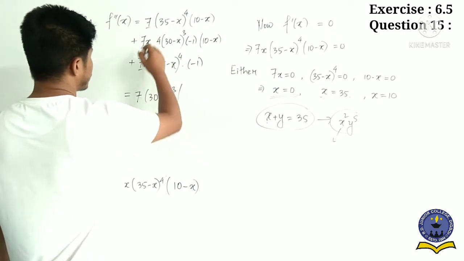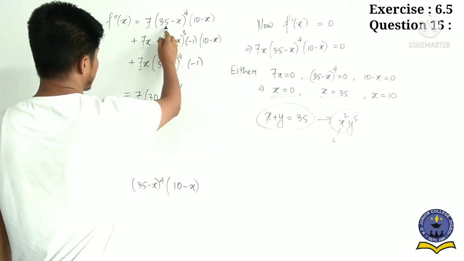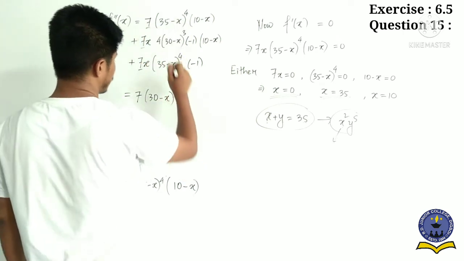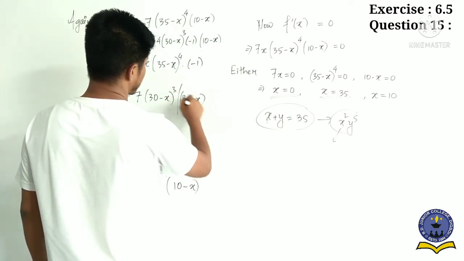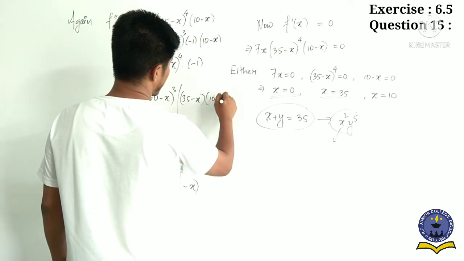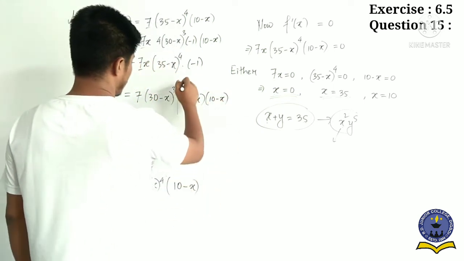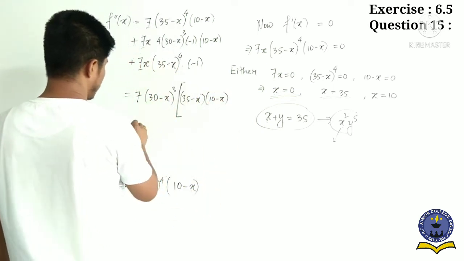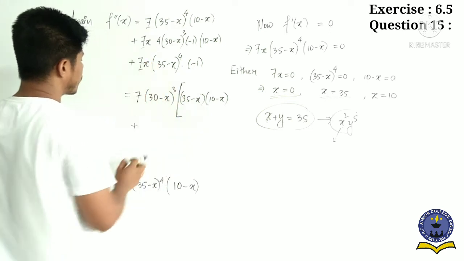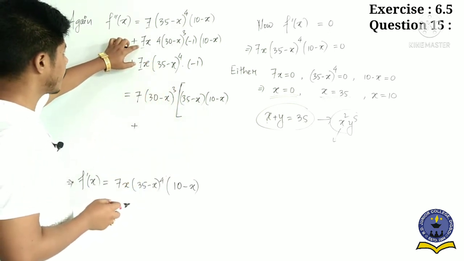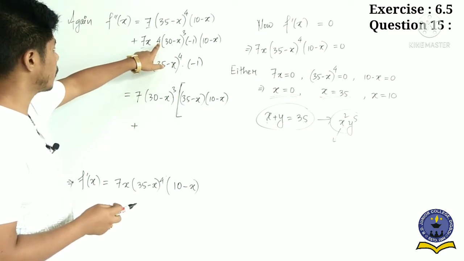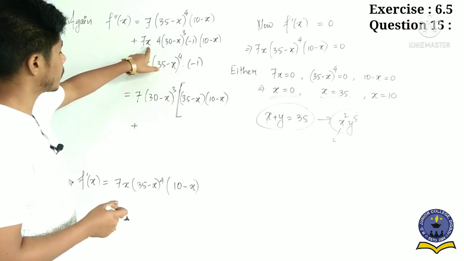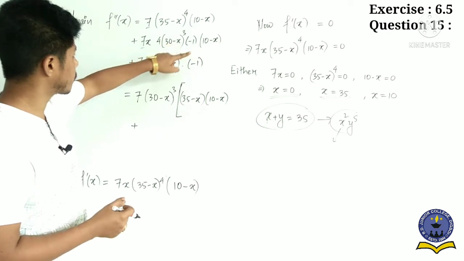So after that, 7 common, then (35 minus x) whole cube common, so what will remain here? (35 minus x) into the remaining (10 minus x), the first part. Is it clear? Plus now the second part: 7 and (35 minus x) whole cube are common, so what will remain here?